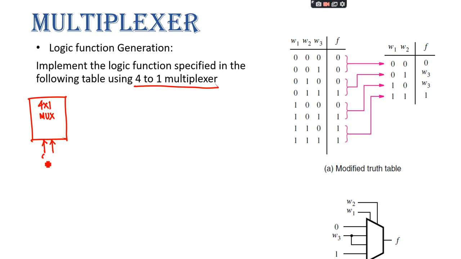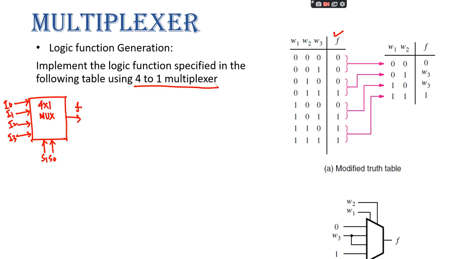So how many control inputs should there be? 2, right? Yes, sir. And the inputs should be 4: I0, I1, I2 and I3, and your output should be F since we are using F here.